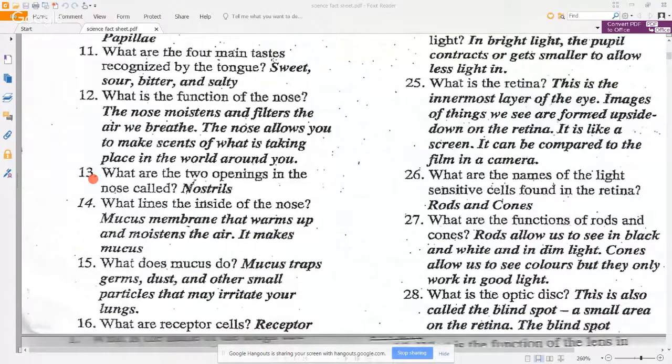Number 13. What are the 2 openings in the nose called? These would be the nostrils.